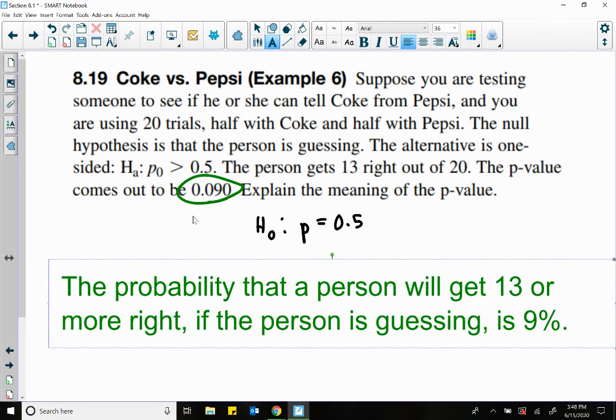Again, we're going to talk more about p-value as it comes later on, but that's what this is trying to get at. The probability that a person will get 13 or more correct if the person is guessing is 9%. Hopefully that makes sense for you.